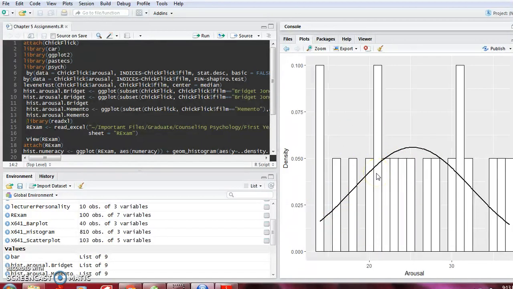But we also have a negative kurtosis value, and this is why we get this flatter, not really peaky, pointy distribution. We also have a lighter tailed distribution as well. So yeah, that's that.